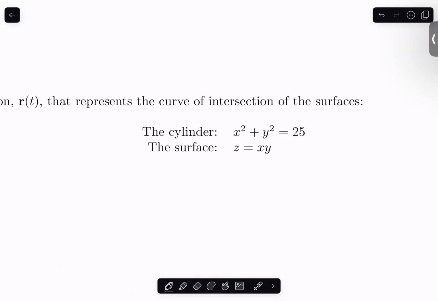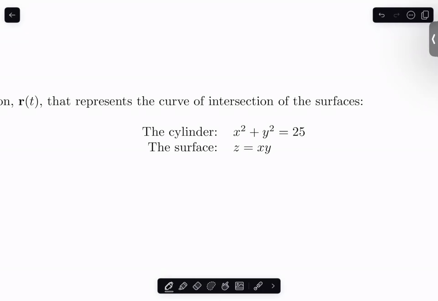Now in general, it is hard to find a method that will find you curves of intersection for every type of two surfaces out there. So the ones that we do in the web work, in the class, and on the quiz and the exams are very hand selected in order to make them reasonable to be done in a time setting.